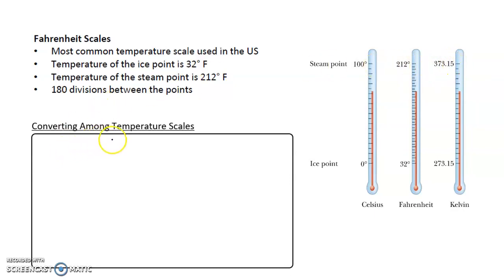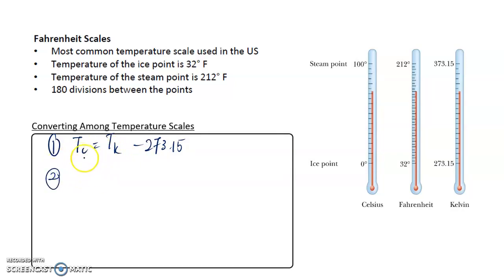In order to convert among these 3 temperature scales, we need to use these 3 formulas. For the first one, Tc is equal to Tk minus 273.15. This equation is used to convert from Kelvin to Celsius.